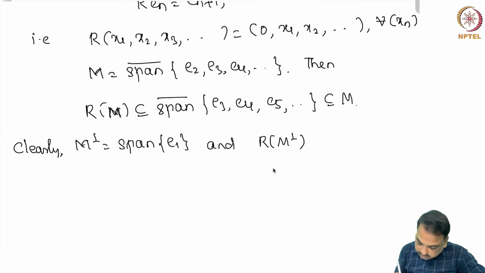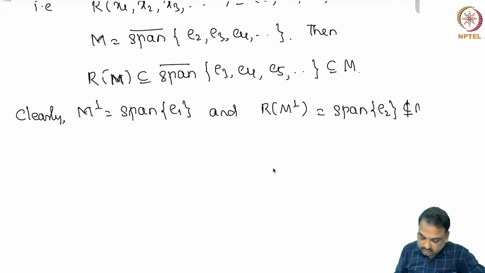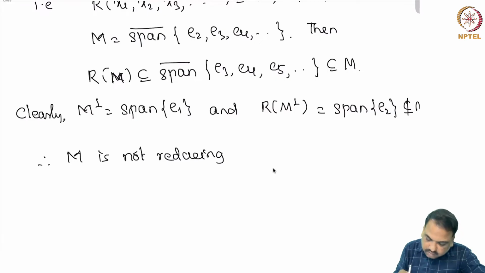So this is mapped to the span of E2, which is not contained in M perp, that is span E1. So we can say that therefore M is not reducing for R, or M does not reduce R.